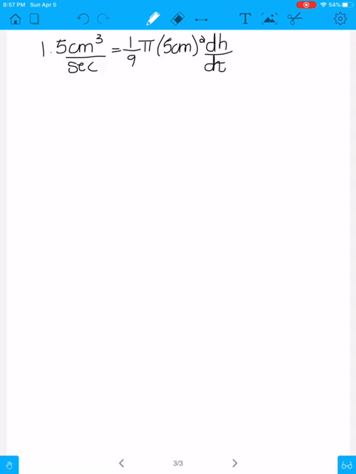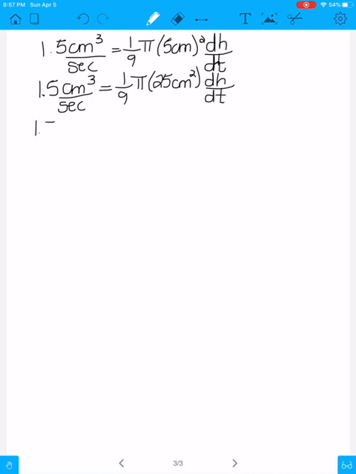So now I'm going to do that 5 centimeters squared part. 5 centimeters squared is 25 centimeters squared.